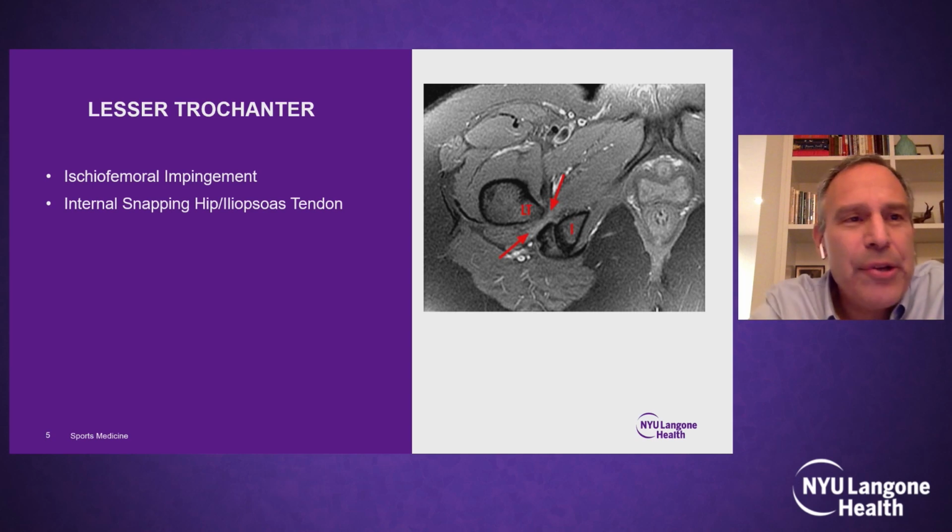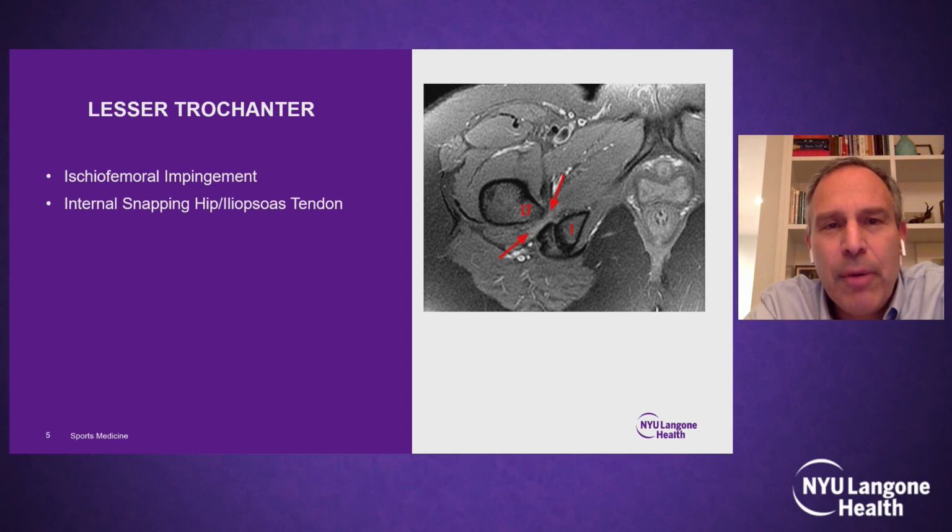On the lesser trochanter, the newer diagnosis is ischiofemoral impingement, which can be associated with some clinical signs of exclusion. But on the MRI, much like radial tunnel syndrome in the forearm where you see supinator changes, the quadratus femoris will have some changes in terms of what you see on the axial views.